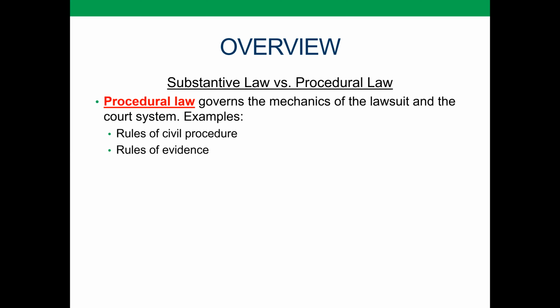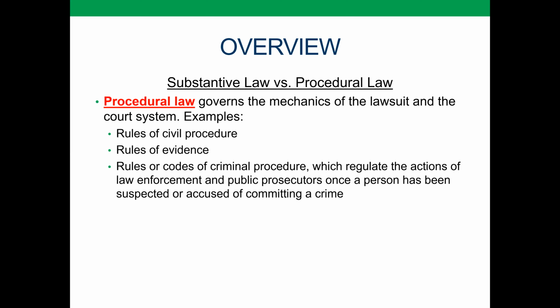deciding disputes. Now, in criminal law, I mentioned part of criminal law is substantive, that is the law of crimes, but there's also a big body of procedural criminal law. These are embodied in rules or codes of criminal procedure. And these regulate the actions of law enforcement and public prosecutors once a person has been suspected or accused of committing a crime.